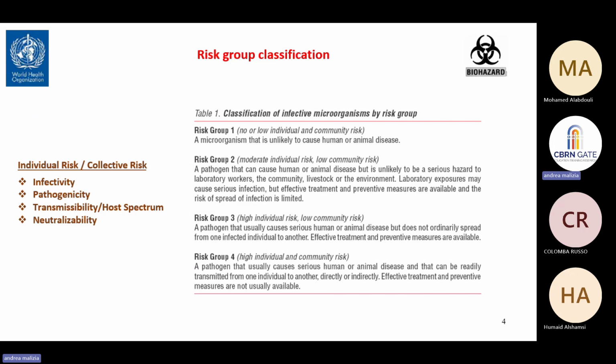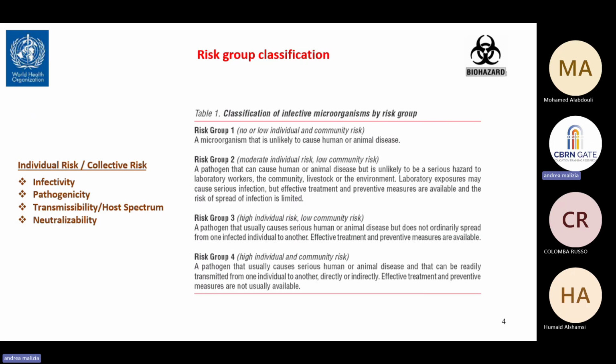The risk group classification: risk group 1 means no or low individual and community risk, it's very easy. Risk group 2 is moderate individual risk and low community risk, a usual pathogen that works in all laboratories.